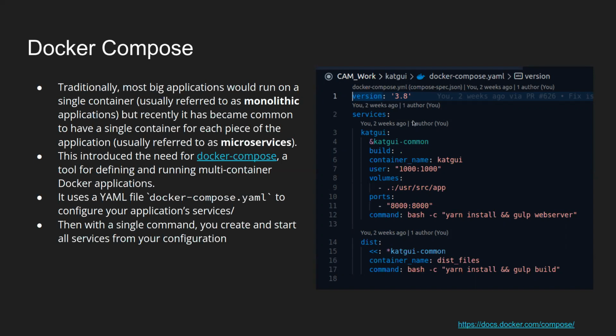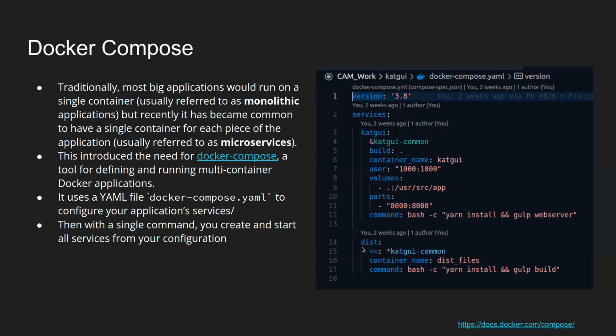And you can notice on your right, I have a Docker Compose, which is residing in KATGUI. And in this Docker Compose, I have defined a few items. In line 3, I'm defining one microservice, which is the KATGUI. This is just the web server that's running KATGUI.